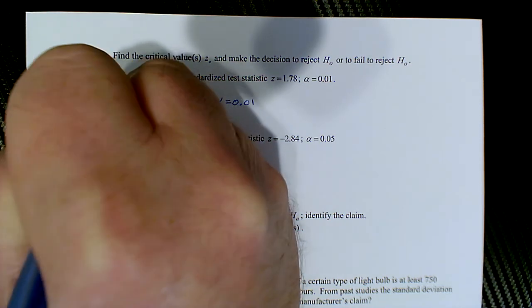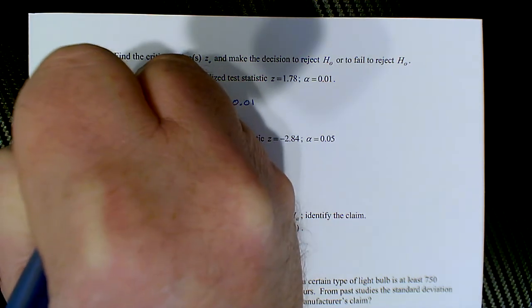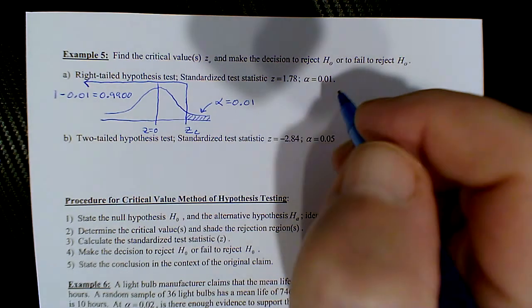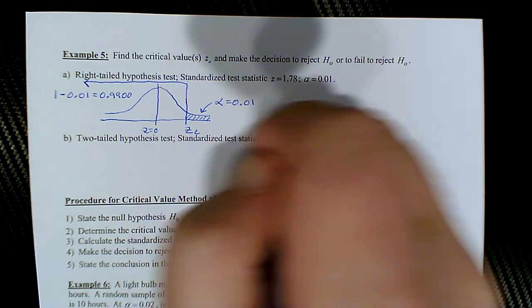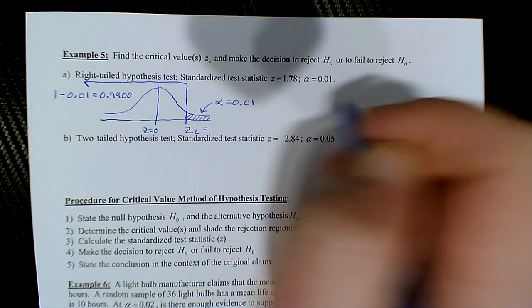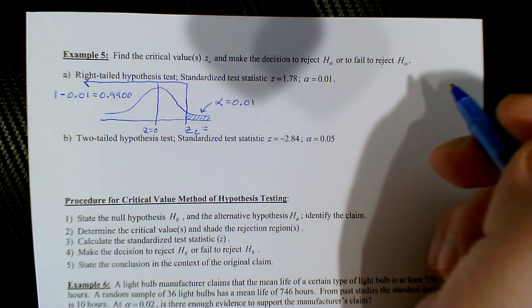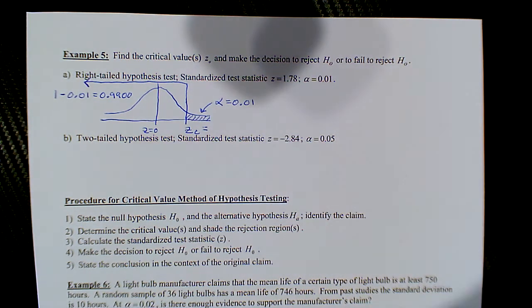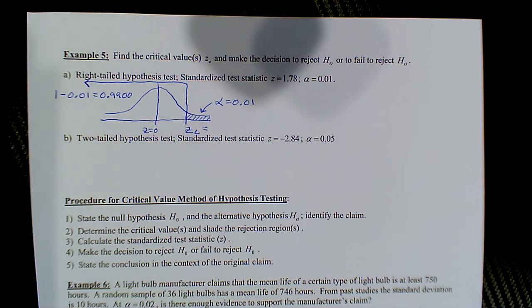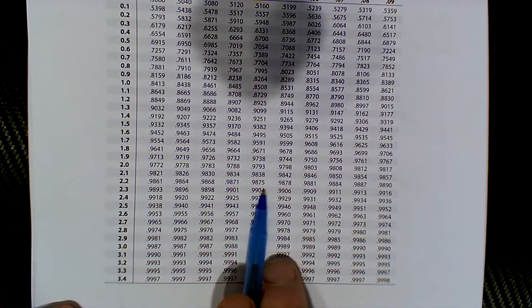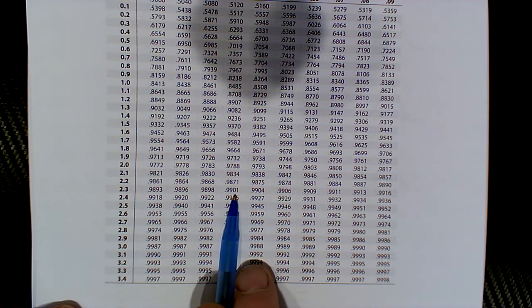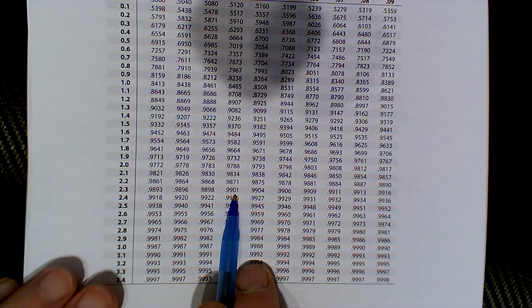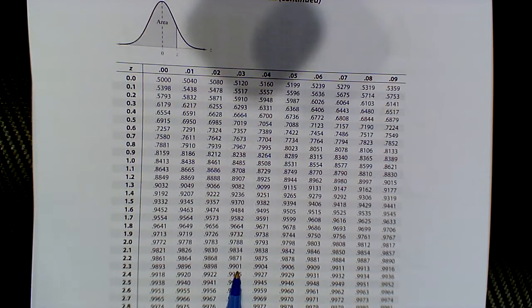Let's add a couple zeros, and then we look that value up in our table. Remember, this is going to the guts of the table. So just to remind you of this, we're looking for 0.9900. So we look in the guts of the table, and the closest one looks like 0.9901, which is 2.3, and then reading the heading on the top, 03, so 2.33.